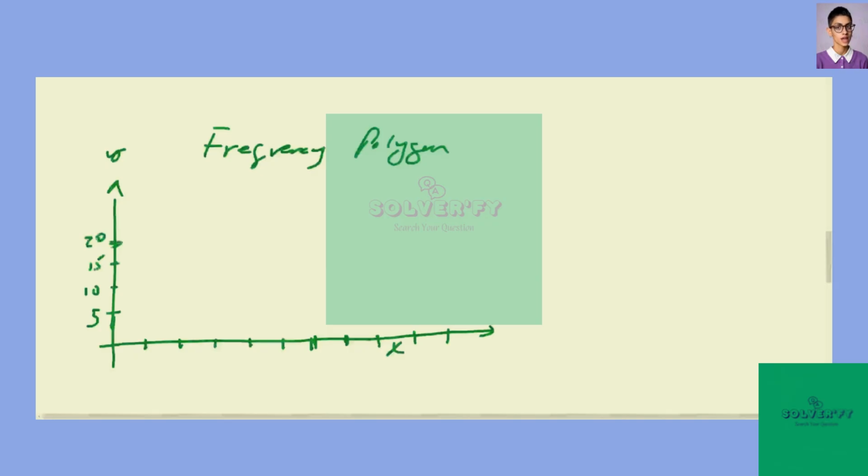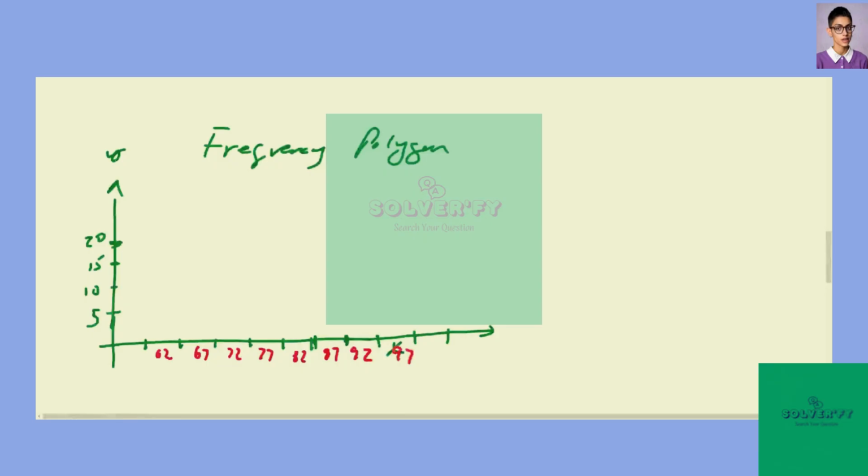These are the frequencies that we have. We need our midpoint numbers. We have 62, 67, 72, 77, 82, 87, 92, and 97.